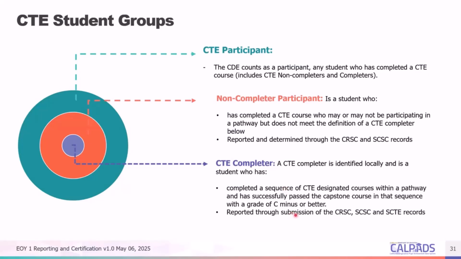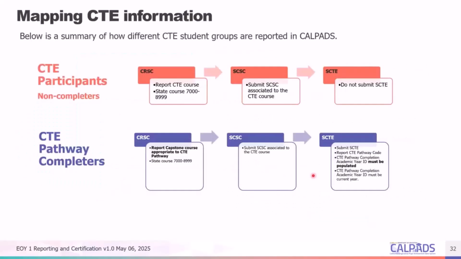The assumption is that if you submit the SCTE record, the student completed the entire sequence of courses within a pathway and successfully passed the capstone course with a C minus or better in the current academic year. So again, this is just a visualization of how CalPADS determines a CTE completer based on the data that you submit to us, right?